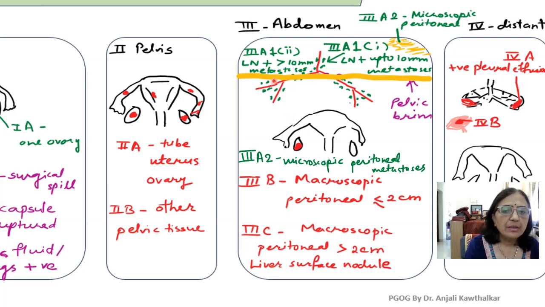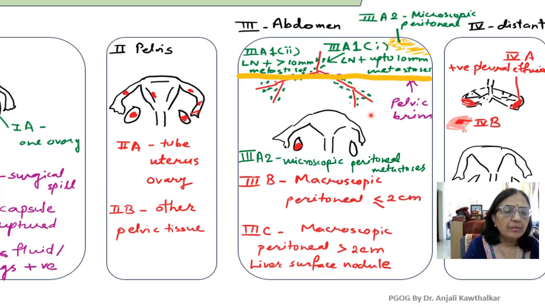We can remember it this way: stage 3A1 is lymph node involvement and stage 3A2 is microscopic peritoneal involvement. Whenever it is lymph node involvement, it is always stage 3A. And we take peritoneal biopsies to know whether microscopic peritoneal involvement is there, whenever gross disease is not seen at the time of staging laparotomy.